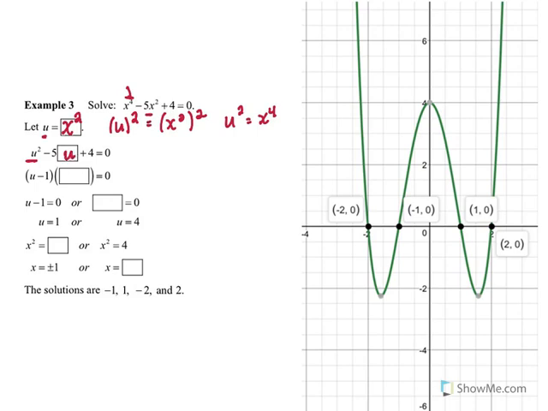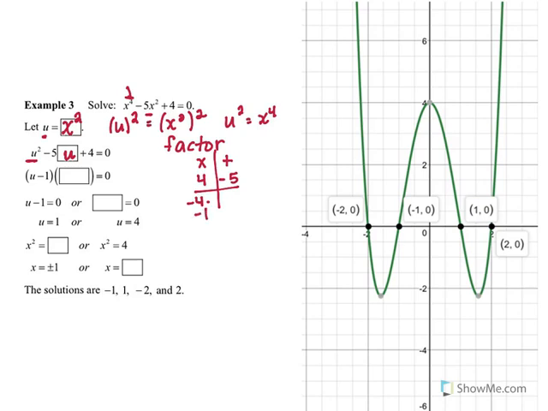So now I've made it into quadratic form, and we can do something with it using one of our techniques. I'm going to factor this one, because they look like numbers that are easily factorable. Find two numbers that multiply to 4 and add to negative 5. Looks like negative 4 times negative 1.